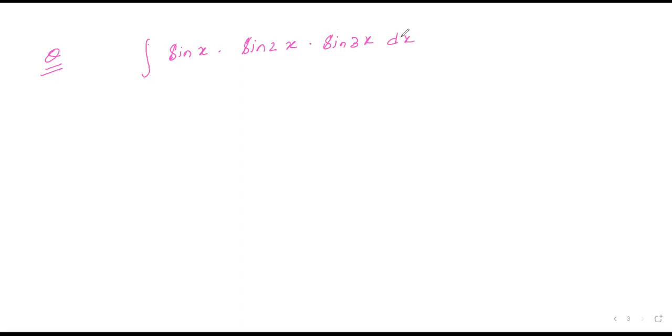Now here our motive is to see sine and cosine terms in additive form. So how can we convert this integrand into a sum of sines or cosines?